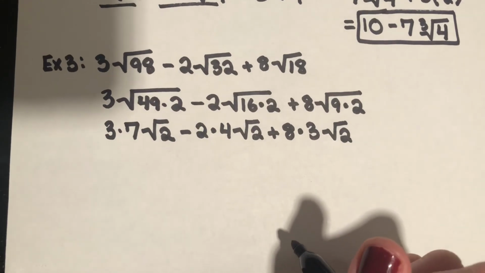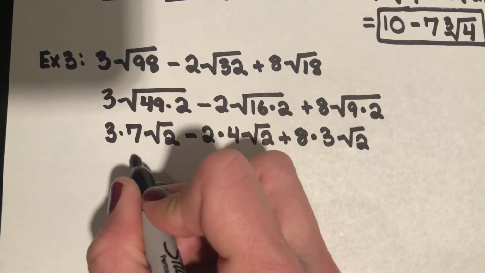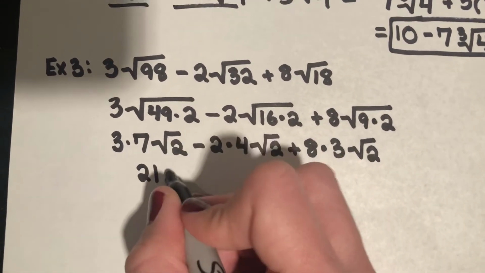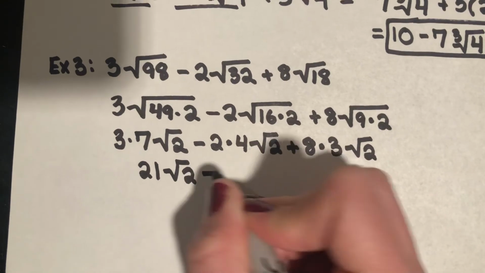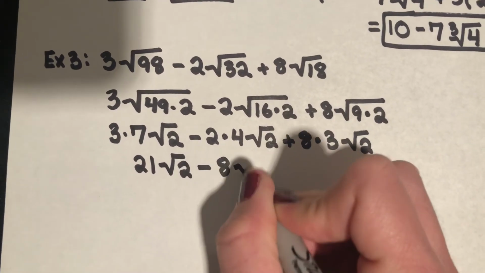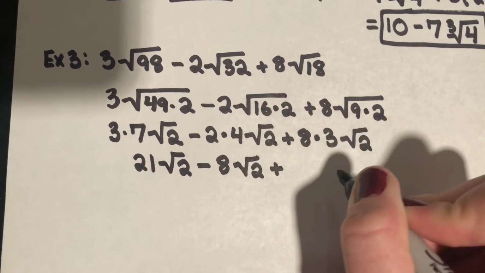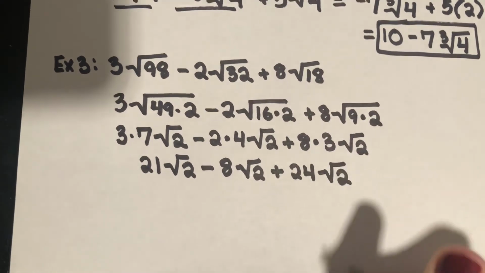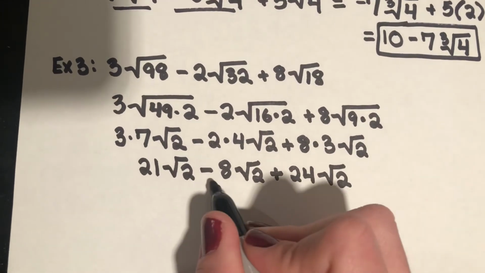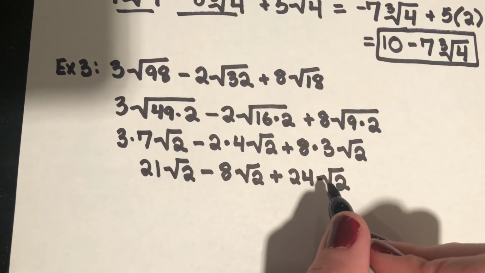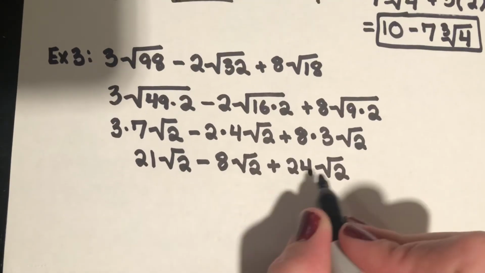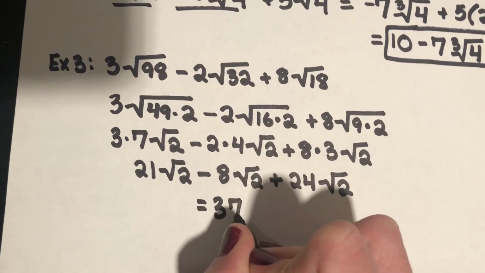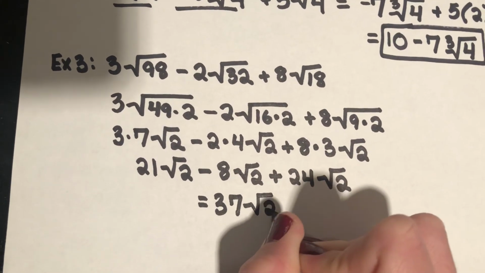All right, lots of simplifying going on here. This is actually where it's fun. I enjoy this part of it. We have 3 times 7 is 21, root 2. Minus 2 times 4 is 8, root 2. Plus 8 times 3 is 24, root 2. 21 minus 8 plus 24 gets us to 37 root 2.